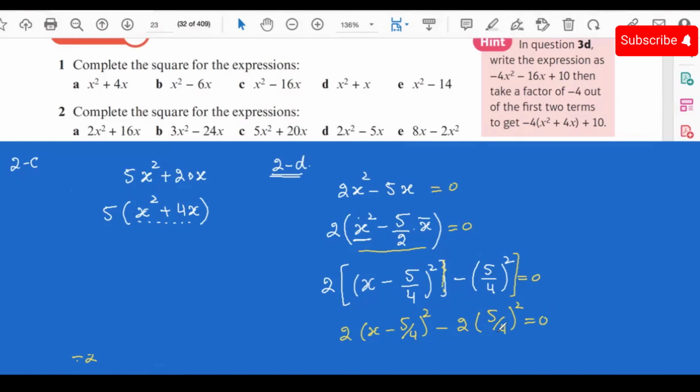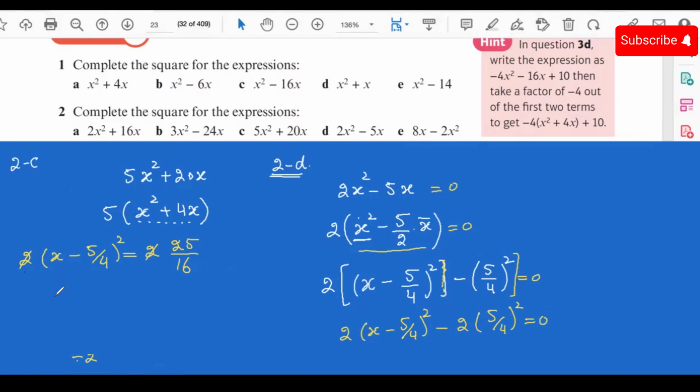This negative term we can move to the right side and solve. 2 times (x minus 5 over 4) squared is equal to 2 times 25 divided by 16. Now this 2 can go with this 2, because if we divide the whole equation by 2, both 2s will go away.